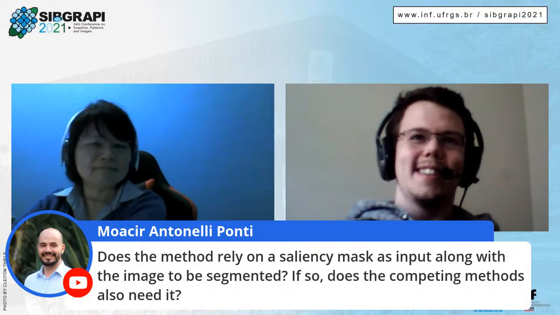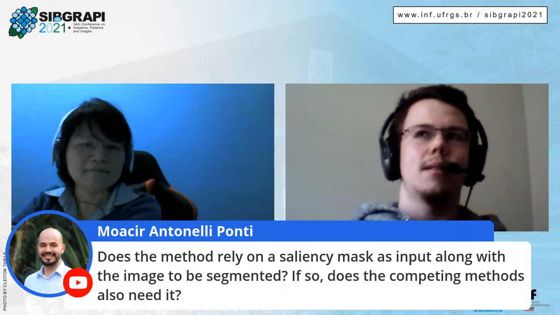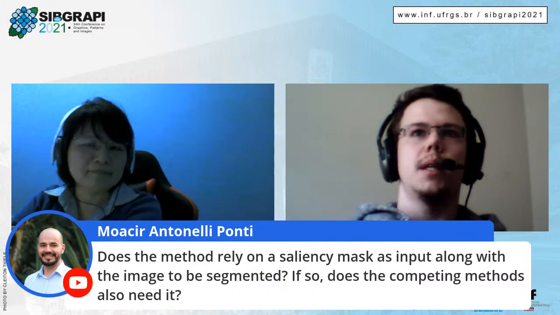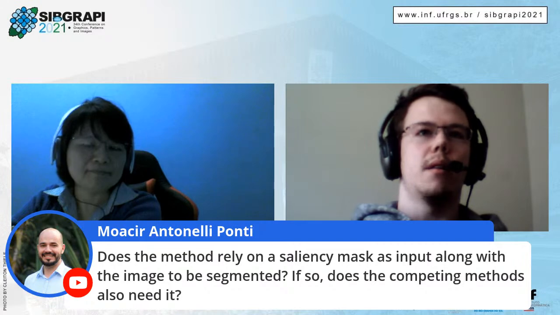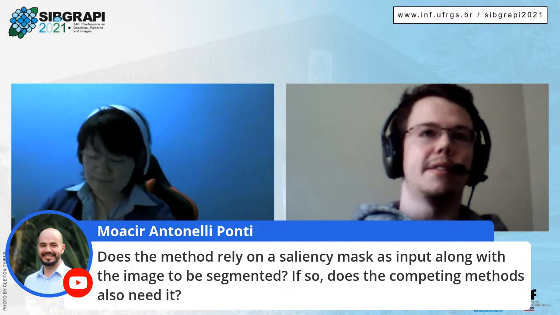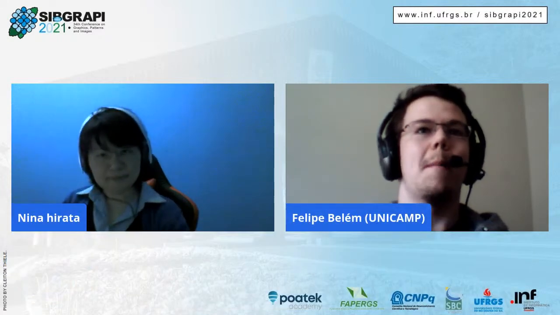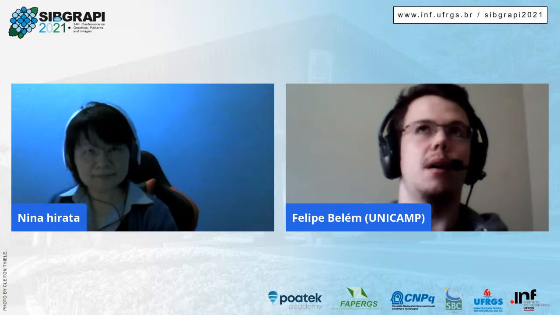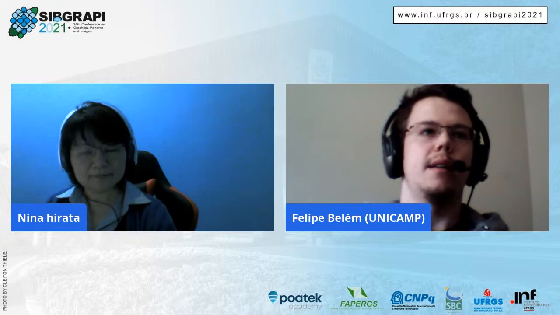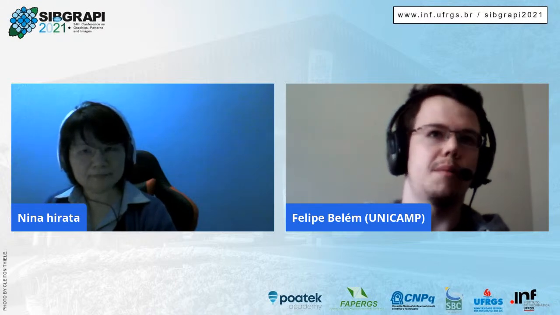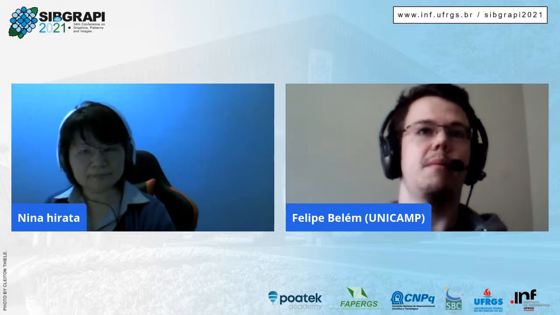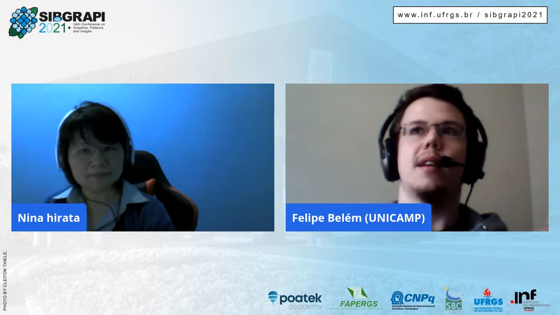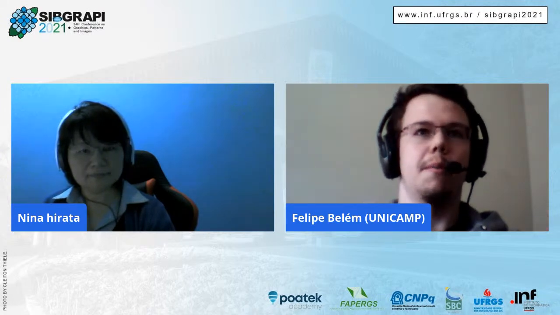I wouldn't say rely, because our proposal kind of extends another work that is called DISF. So the user may provide it, and as we show, it can improve the results. The predecessor, non-object based, already has surpassed many methods, so we kind of take a step further.